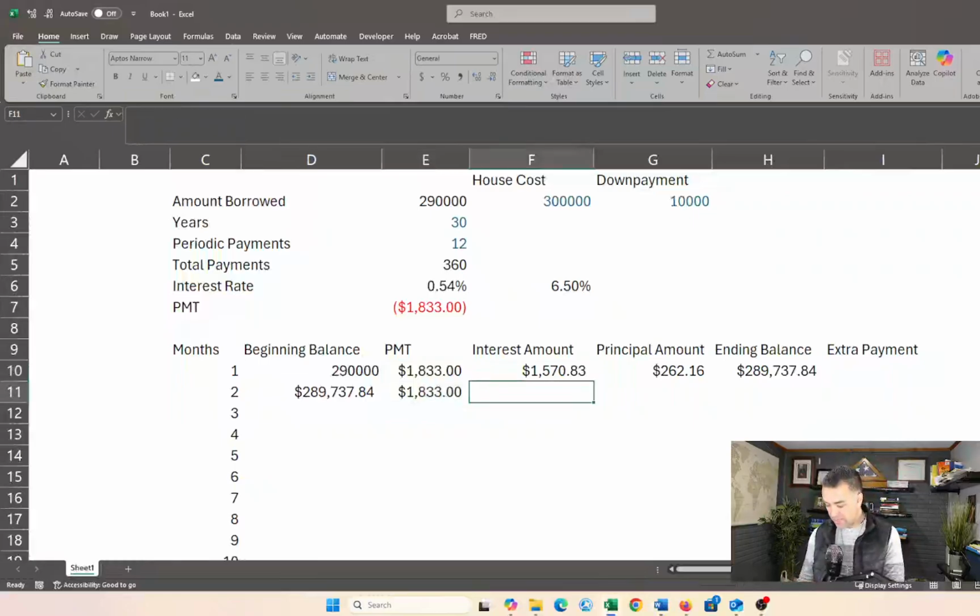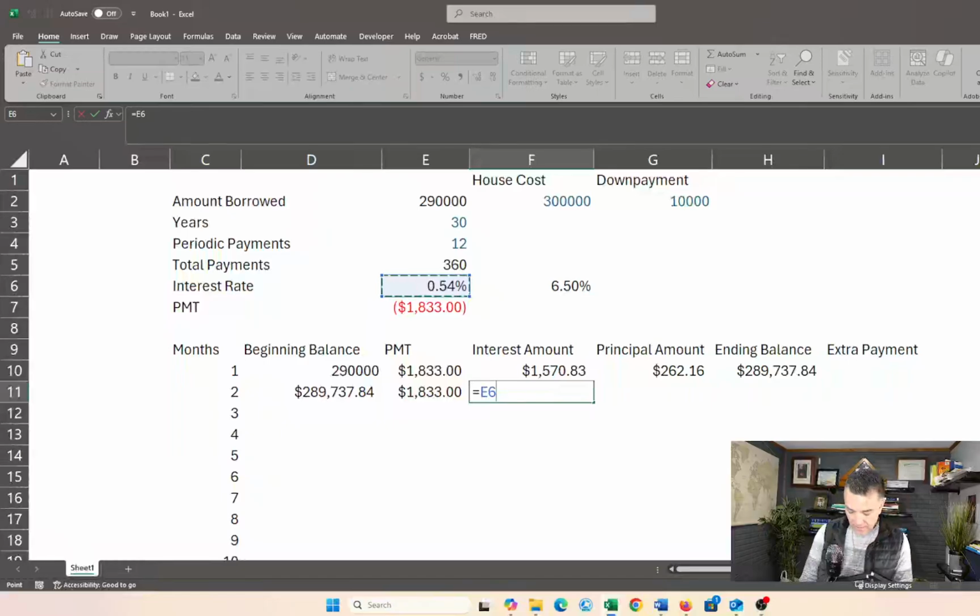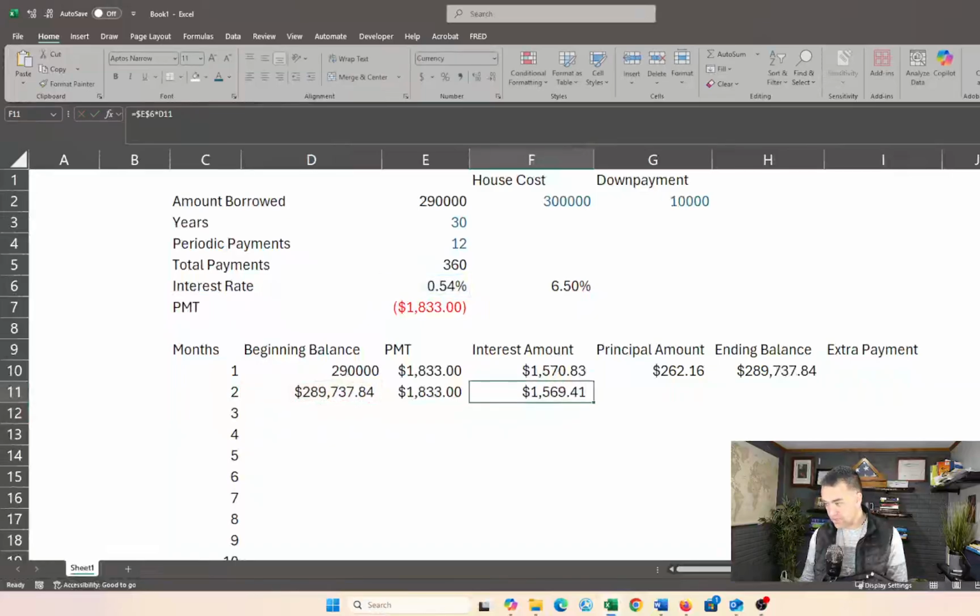The interest payment is going to be the periodic interest. So I could take that and then hit function F4. And then I'm going to multiply that times the beginning balance, or you could do the IPMT. And you see the interest, because it prioritizes the interest at the beginning. That's how a loan works.